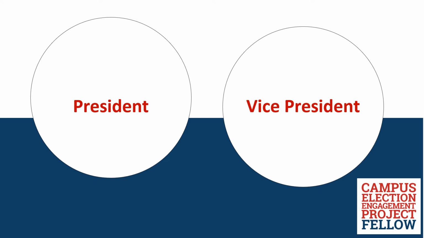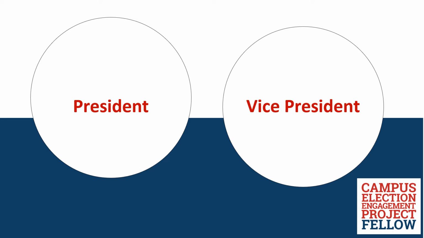The vice president is the second highest ranking member of the executive branch and the first in the presidential line of succession. The vice president also plays a role in the legislative branch. Should the Senate have an equal vote in a matter, the vice president votes as the tiebreaker.